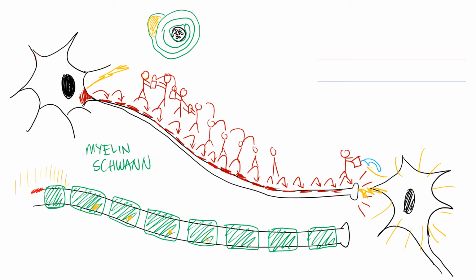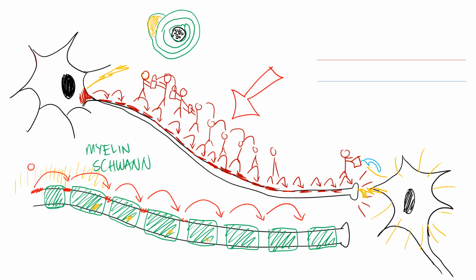Once this area depolarizes, it causes this area to depolarize, and then this again depolarizes, then this depolarizes. So instead of having a bucket brigade, you basically have one person tossing the ball, the other one catches it, and then he tosses it again to another one, tosses it, toss.